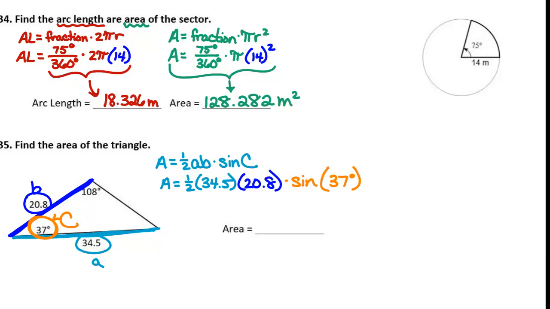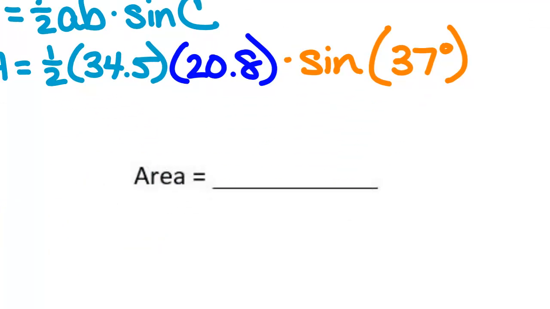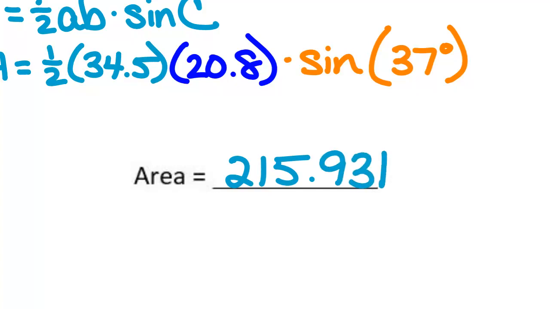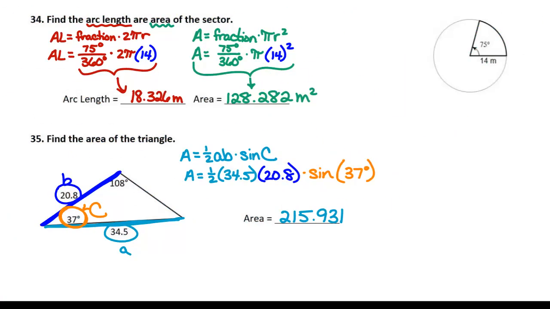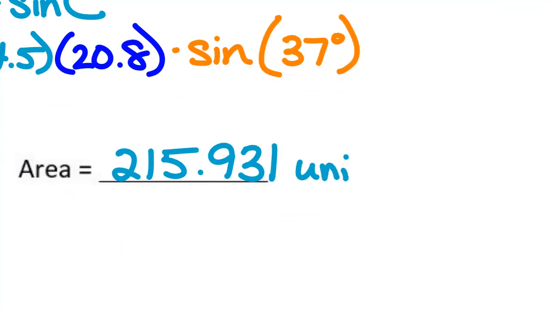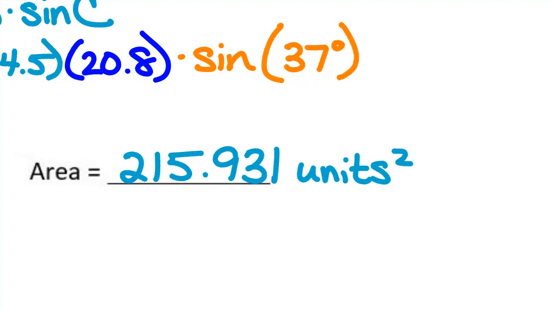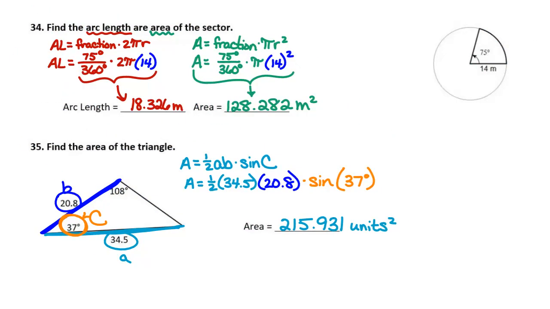What do we get for the area of this triangle? 215.931. And they didn't give us any kind of units, so we don't put units, or you could write units squared. Up to you.